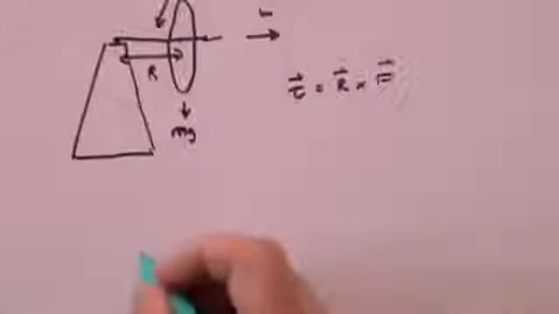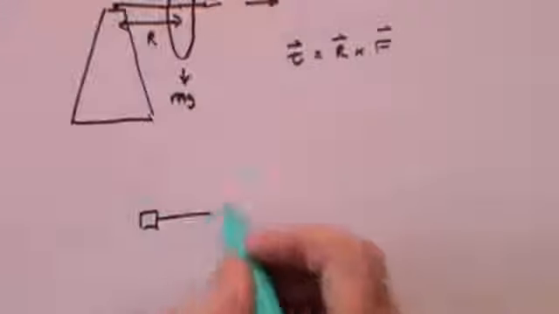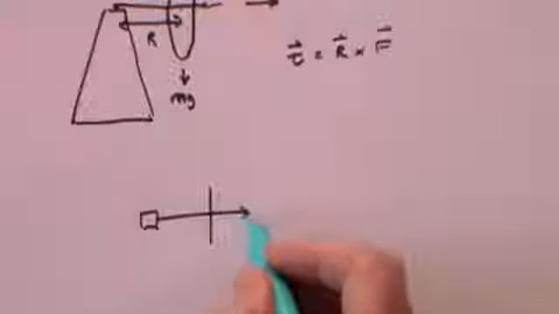So if we look from above now, so here is our pyramid top looking from above, here is our wheel which we're looking at end on, and here is the angular momentum vector pointing in this direction.